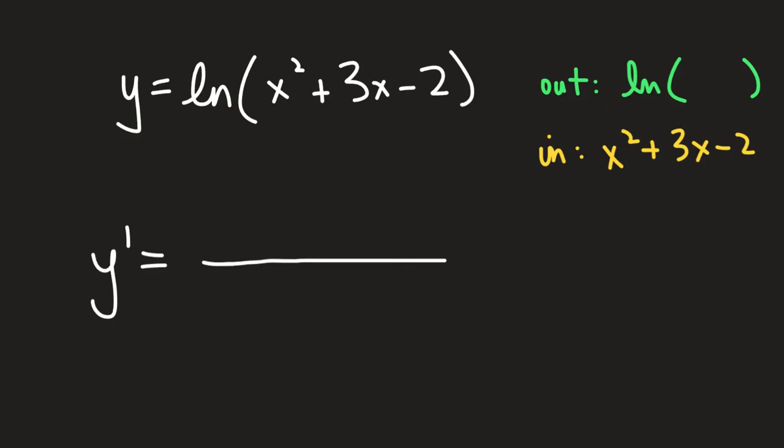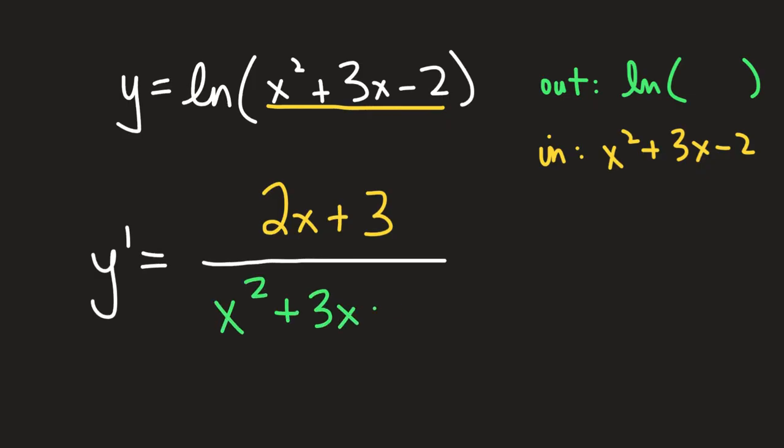Okay, so what's the derivative of x squared plus 3x minus 2? 2x plus 3 is that derivative. Okay, so the derivative of your argument goes on top, and then the argument itself goes on the denominator. Okay, and that's our shortcut, right? That's our natural log hack. Take the derivative of your parentheses on top, and then put your entire parentheses on the bottom.